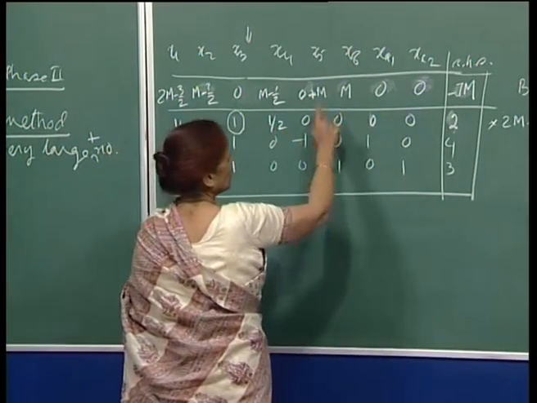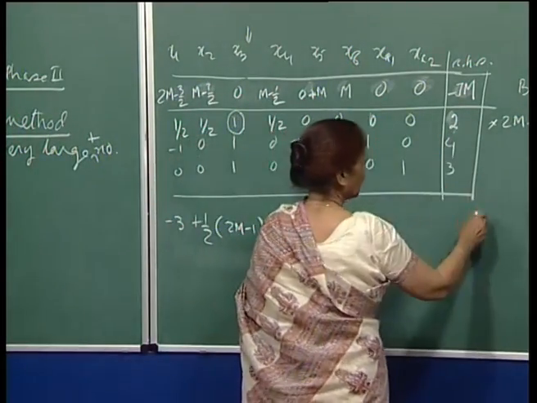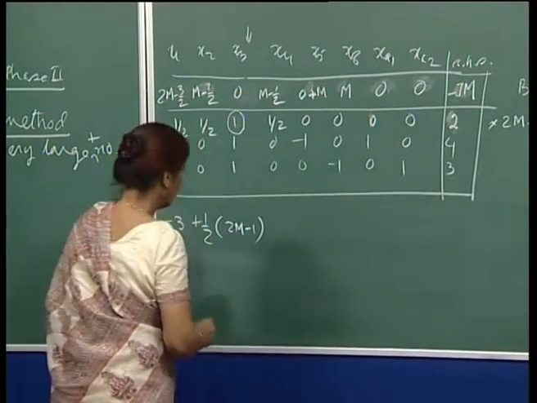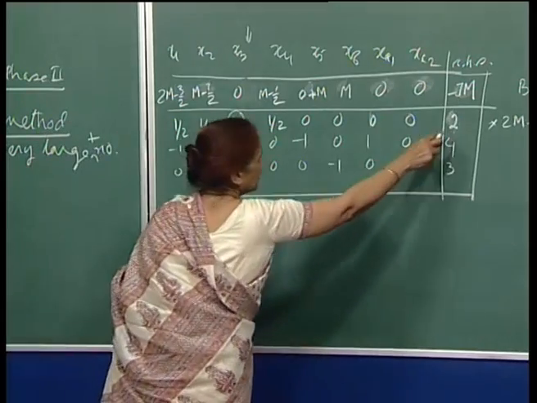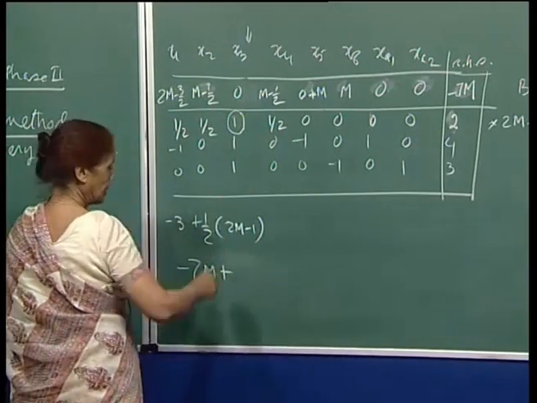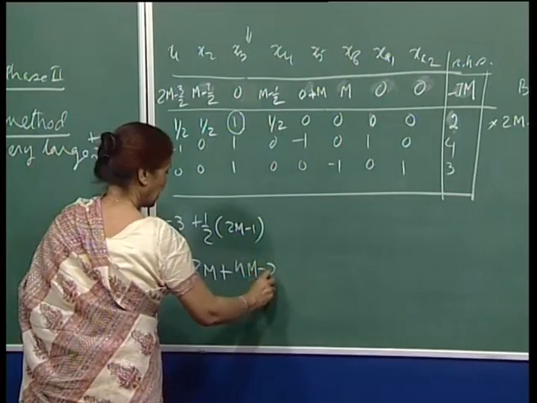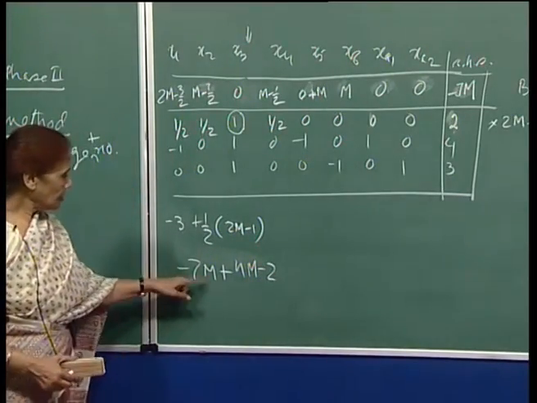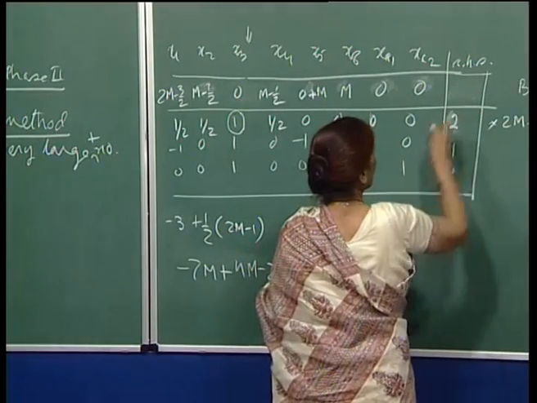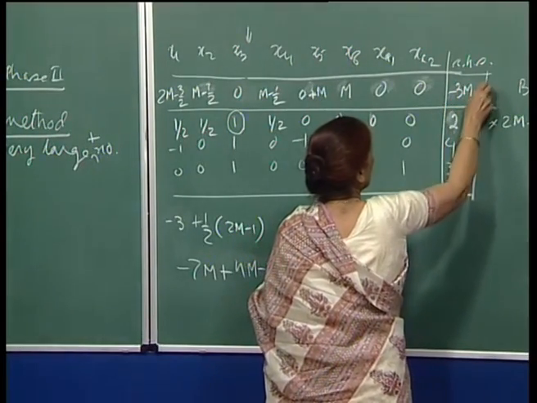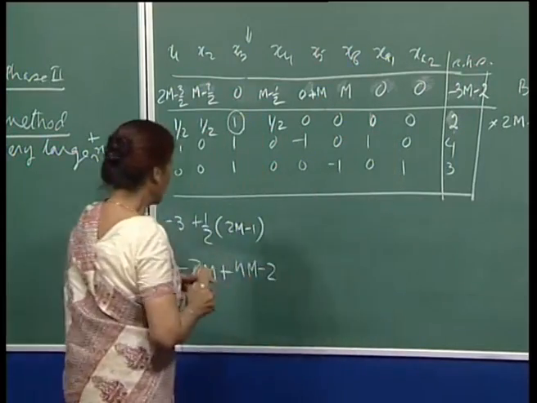Then this does not change, nothing changes here. Your objective function value becomes minus 7M plus, see, remember we multiplied this by 2M minus 1, so 4M minus 2. So, the value is now minus 3M minus 2.